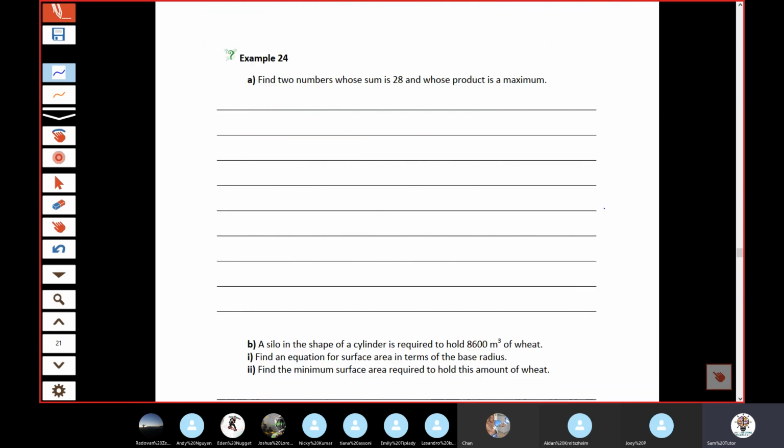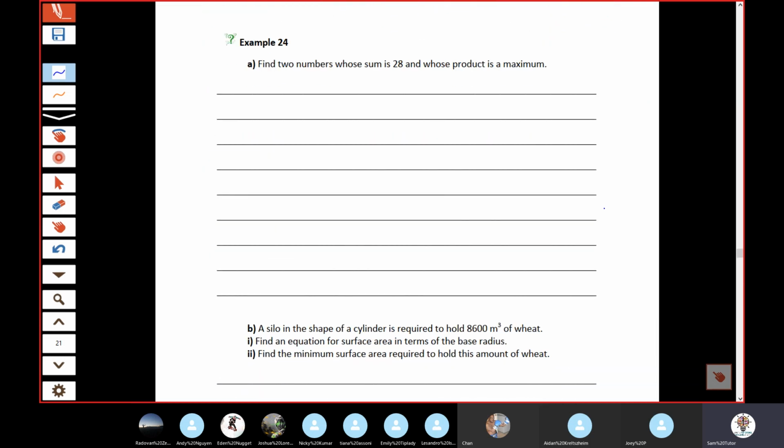Let's do another one. Example 24. Find two numbers whose sum is 28 and whose product is a maximum. All right, what do you think you have to start with? Sum is 28.